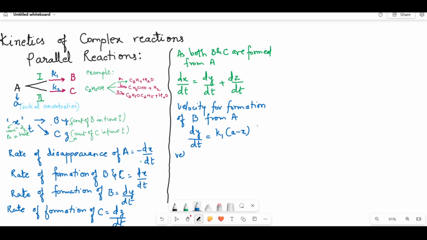Similarly, velocity for formation of C from A can be given as dz by dt is equal to k2 (a minus x).